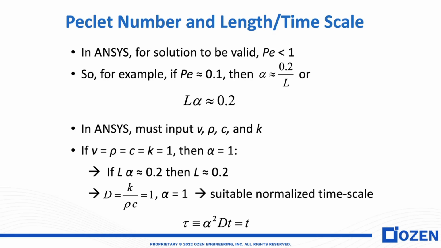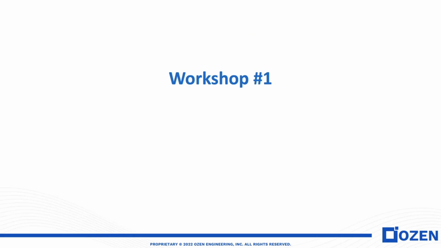Otherwise, it creates unstable solutions. As an example, if we set the Peclet number to 0.1, then L times alpha becomes 0.2. Now, why are we doing this? Because we'd like to come up with a normalized time and solve this equation by a finite element formulation in Ansys.